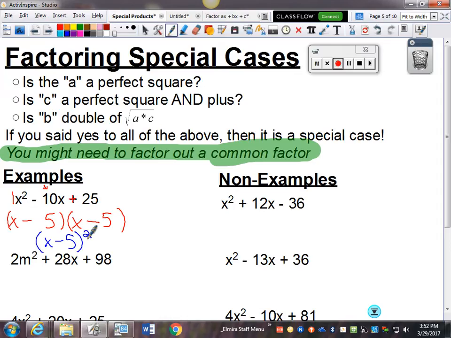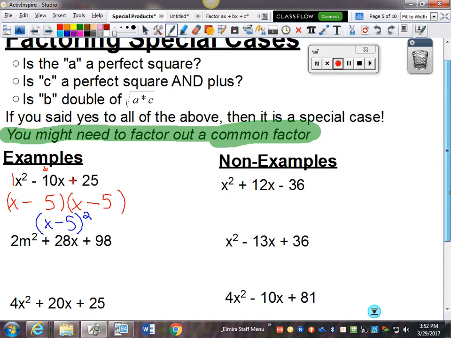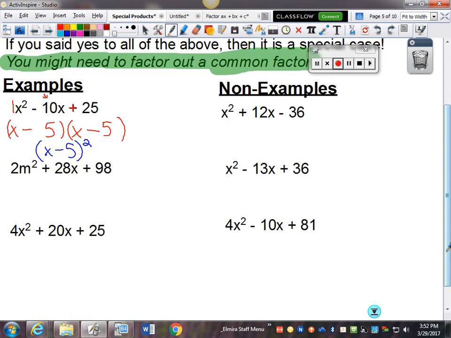Okay, so the second example is, again, what I'm talking about with Ms. Anders. 2m squared is not a perfect square, so I don't think this counts. Well, it does if you factor a 2 out. Okay, so if I factor out a 2, I get m squared. Factor out a 2, I get plus 14m. Factor out a 2, and I get plus 49.